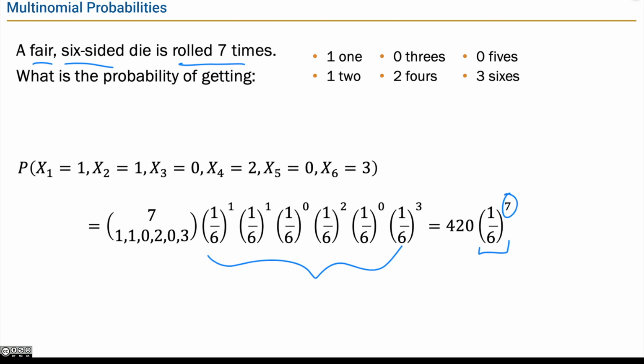If I had given you some different probabilities, it'd be more interesting. In this case, my multinomial coefficient is 7 factorial divided by each of these factorials to account for the overcounting when we have repeats in one of our draws. At the end of the day, that gives you 420 times 1/6 to the 7th.